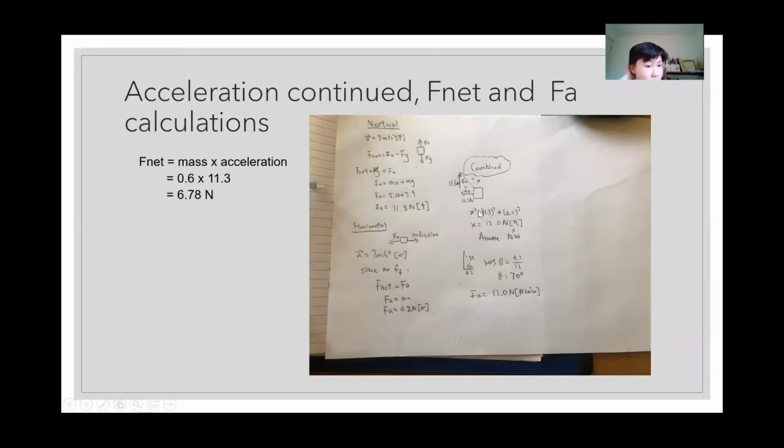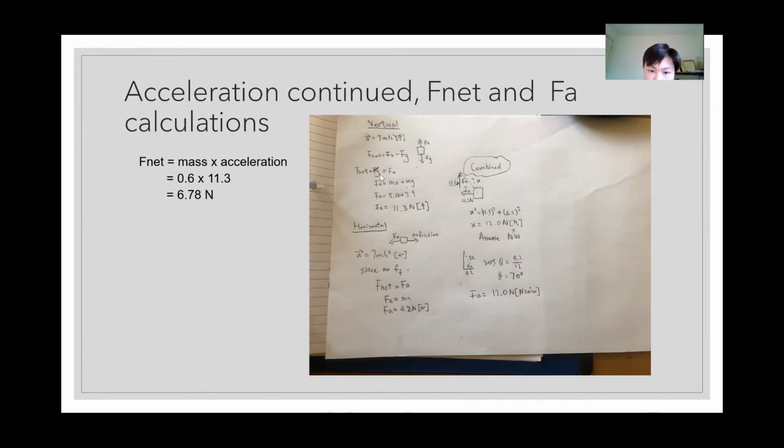After we found the acceleration, we are supposed to calculate the net force and the applied force. First we separated it into two different directions. We're doing the vertical one first. We know that the acceleration vertically is 9 meters per second squared upwards, and we know F net is equal to FA minus FG.